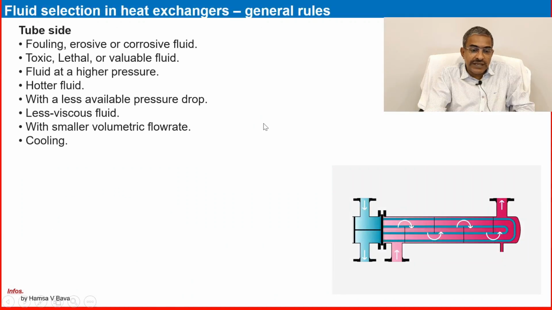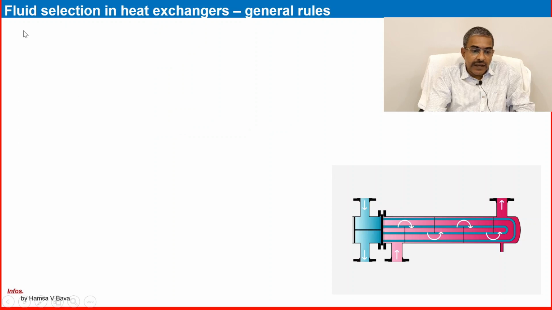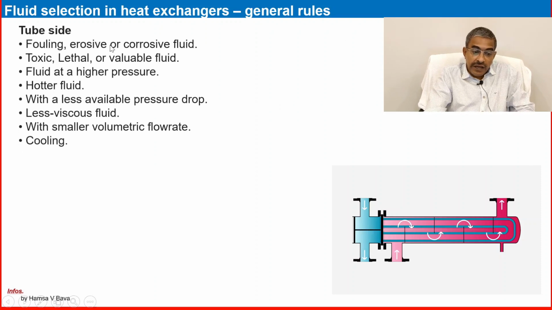Now, fluid selection. General heat exchanger fluid selection for preventing corrosion and for best performance in a shell and tube heat exchanger. Some general rules are provided here. This is the heat exchanger picture here. This is the tube side entry and tube side exit, and shell side entry and shell side exit.